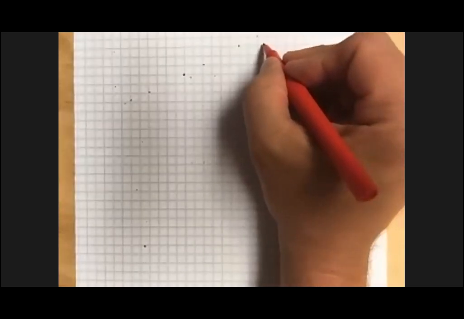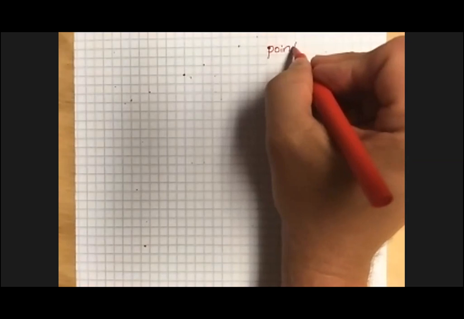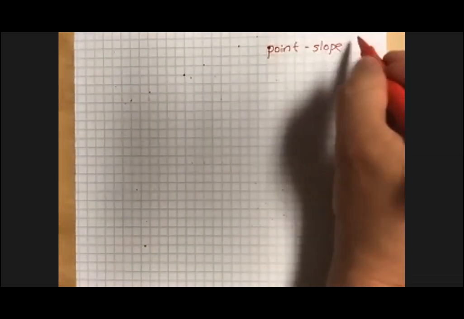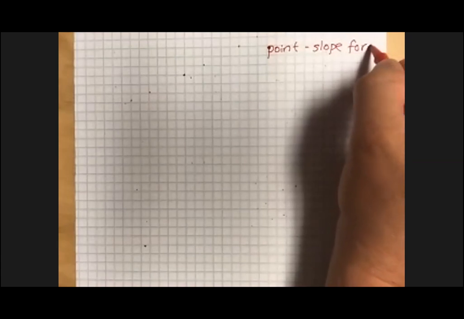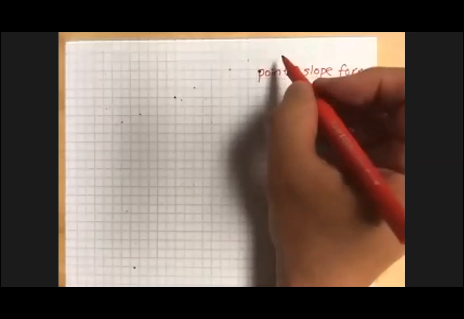What I get, if I do this in general, is another famous line equation. It's called the point slope form. I'm going to add this to my pantheon of equations.